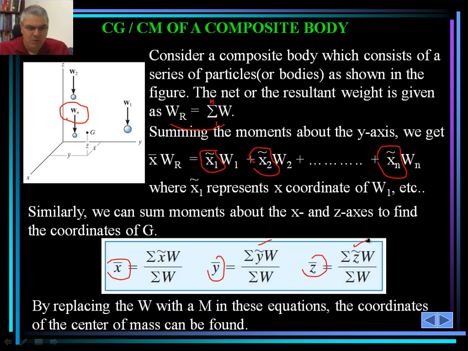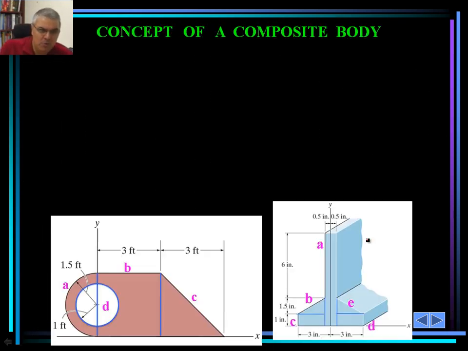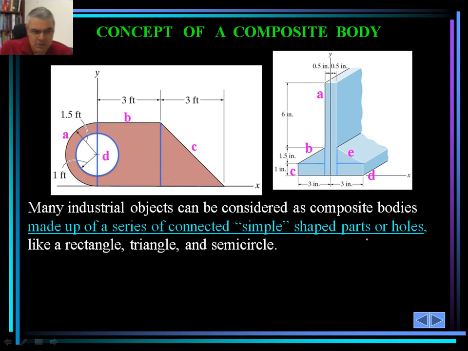Remember, when we are dealing with center of gravity and center of mass, we need to come up with the coordinates. If it's in 2D, then we need to look for the x coordinate and y coordinate. If it's three-dimensional, then we need to look for the x, y, and z coordinates. That's the Cartesian coordinate system that we've been dealing with from the beginning of this course.